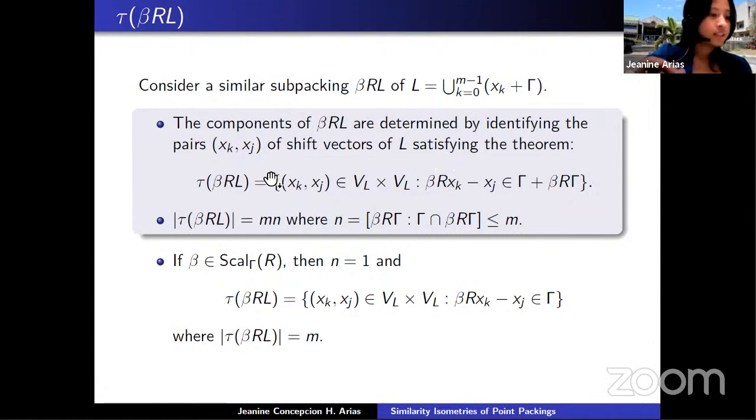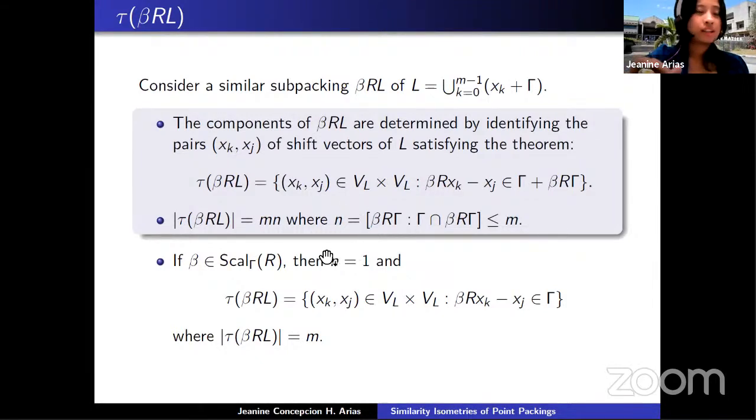In other words, tau of beta RL collects all the pairs that correspond to non-trivial intersections of components of beta RL and components of L. That is, all pairs that correspond to non-empty intersections of beta Rxk plus gamma with xj plus gamma.